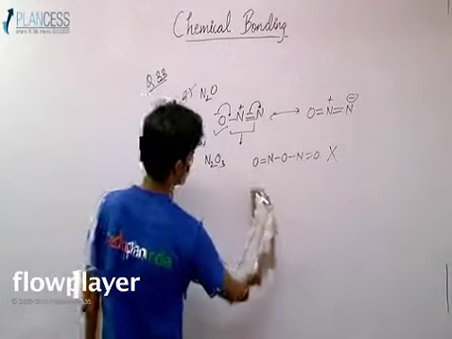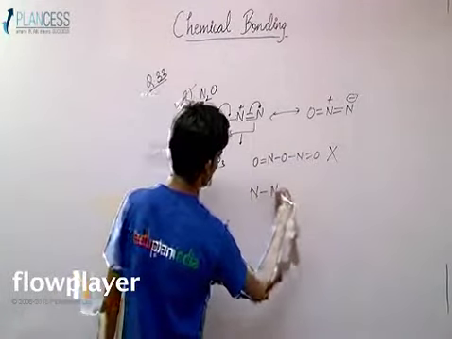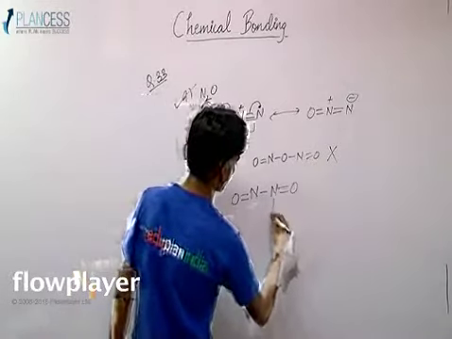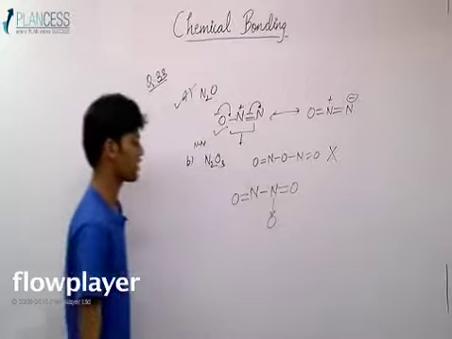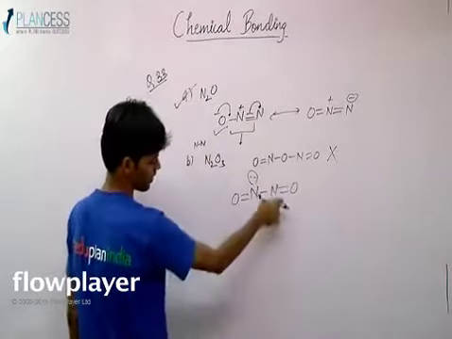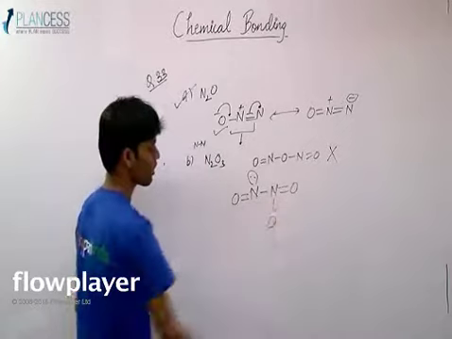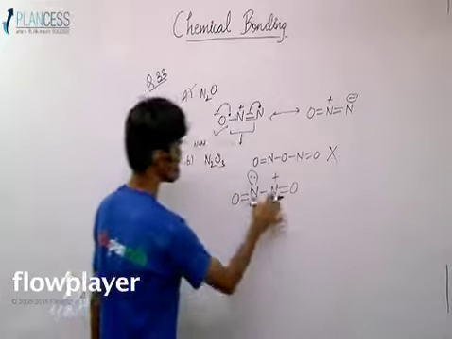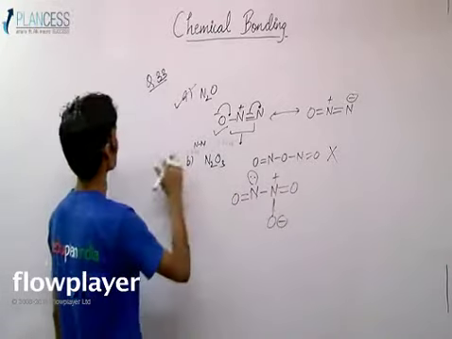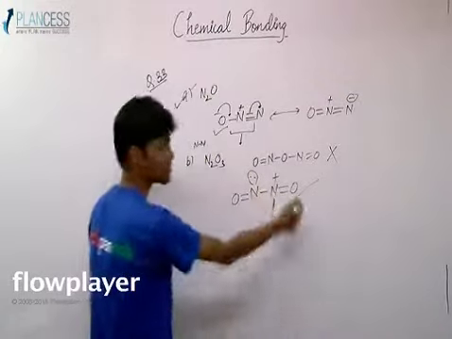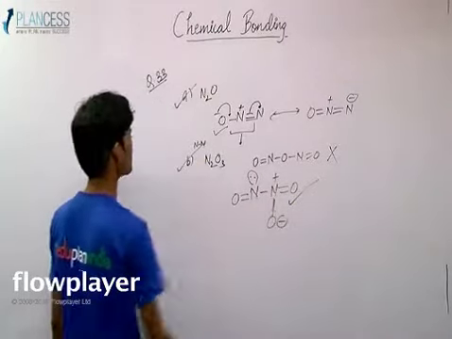The structure contains an NN bond, with a double bond to O here and a double bond to O here, and there is a coordinate bond to this O. If you replace this coordinate bond by a single covalent bond, then this would have a plus charge and this would have a minus charge. So it has the NN bond, and this has been asked in JEE. It is an exception structure. So option B is also correct.